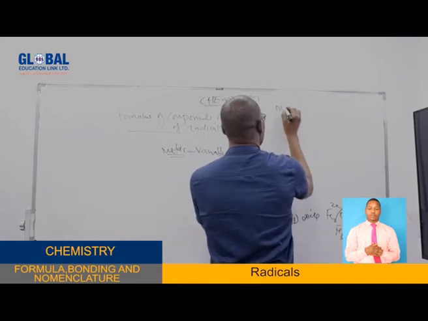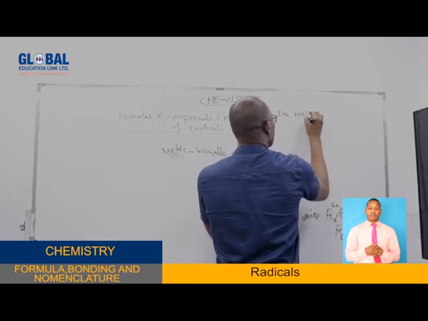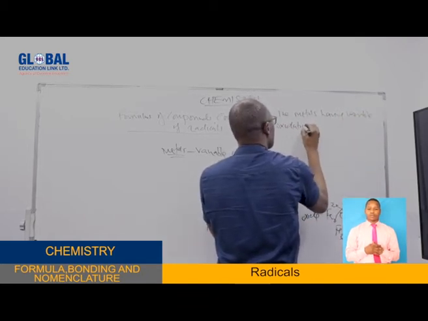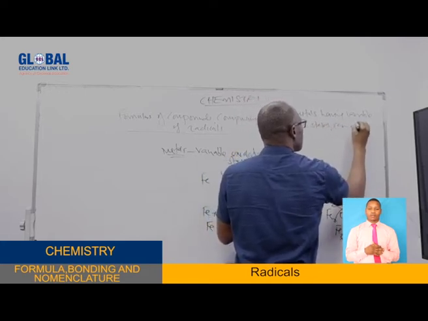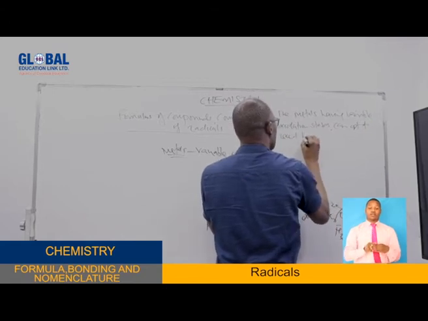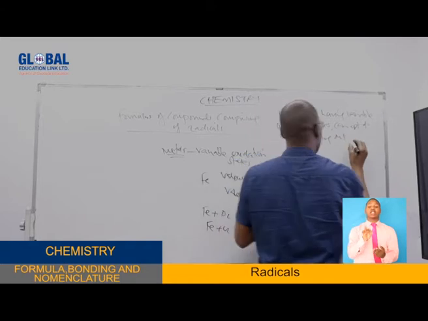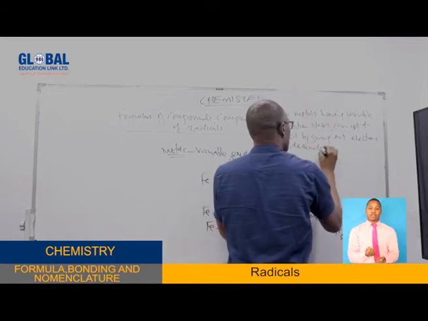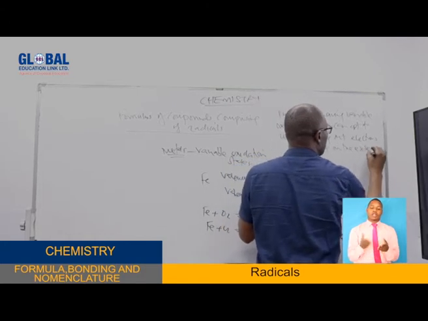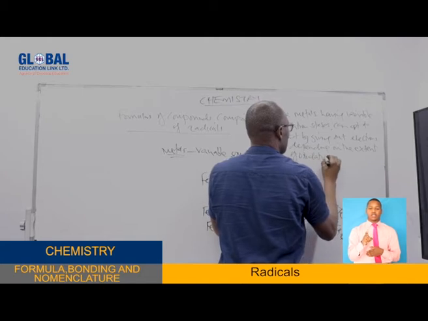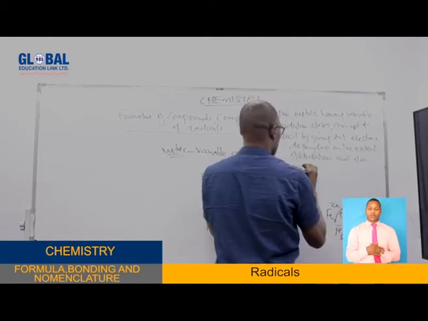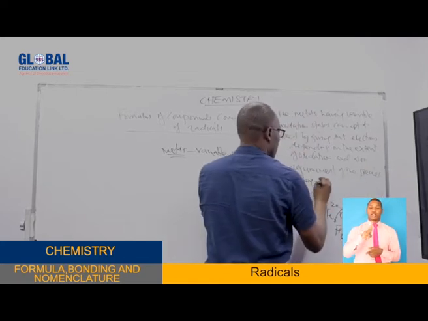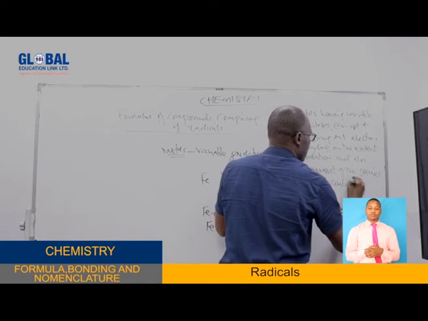So the metals having variable oxidation states can opt to react by giving out electrons depending on the extent of oxidation and also the requirement of the species they are reacting with, or combining with.